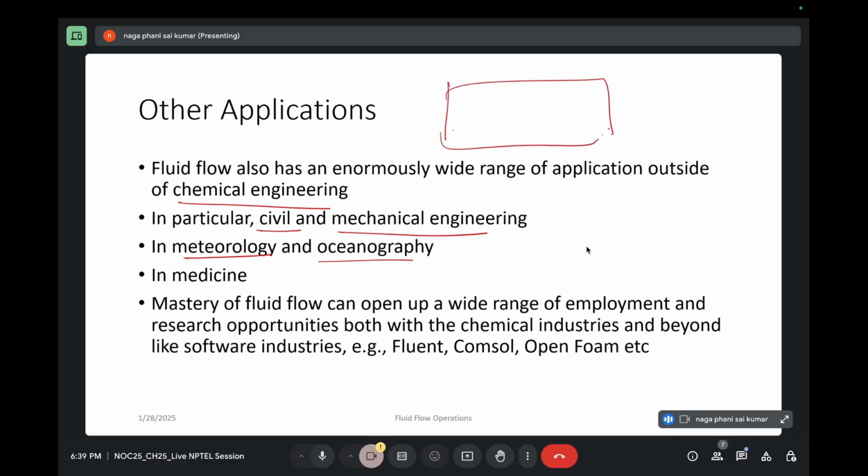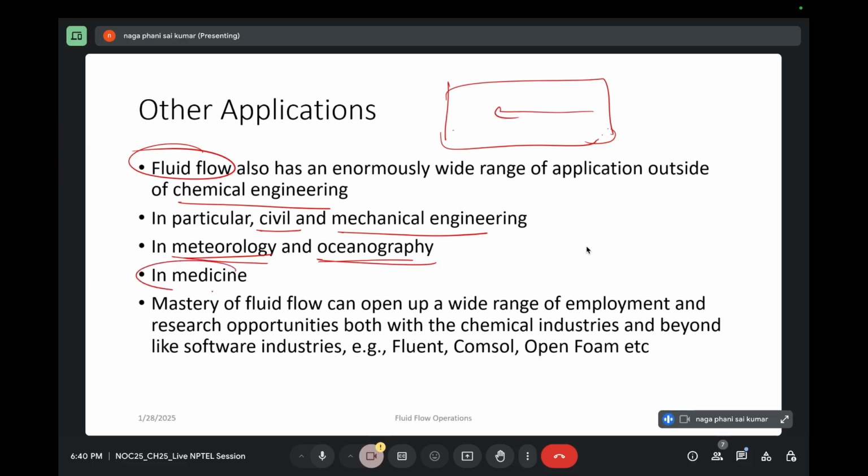You must have seen that clouds move across the globe, right? So you need to understand fluid flows, basically. It is used in meteorology and oceanology to understand, as I've told you, weather patterns and also ocean currents as well. This is also fluid, right?